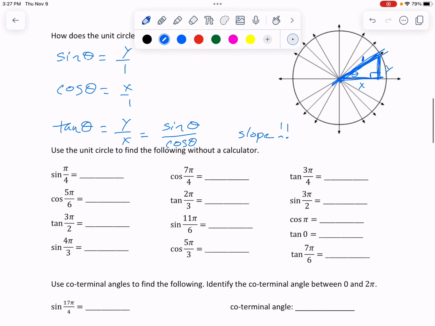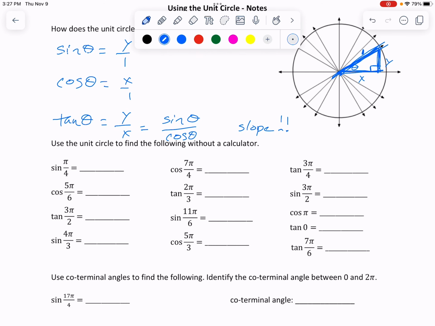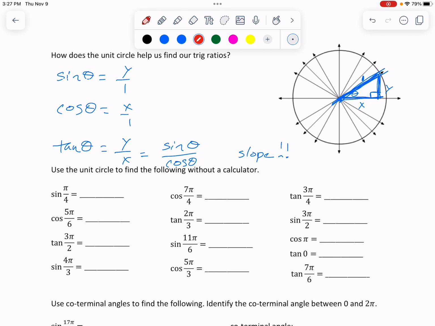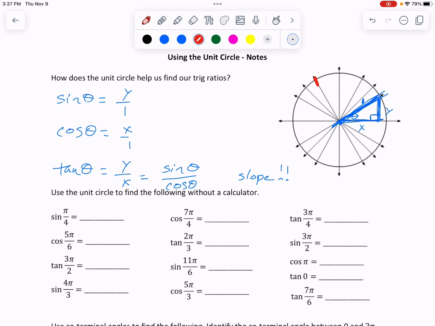So when I look at a problem like tangent of 2 pi over 3, I know that 2 pi over 3 gets me here. I know the coordinates of that. I went over a little, so negative, and up a lot, root 3 over 2. Tangent is the slope.